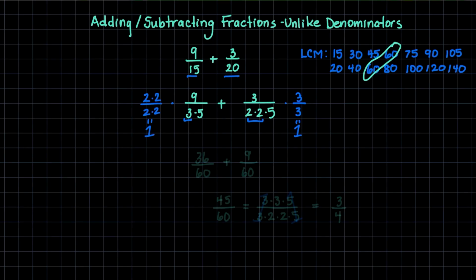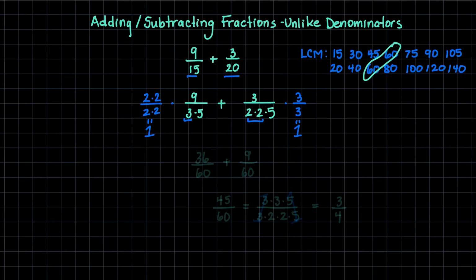Reminding ourselves all we're doing is multiplying by 1. 2 times 2 times 3 times 5 is equivalent to 60. So I want you to see how we end up at our common denominator.